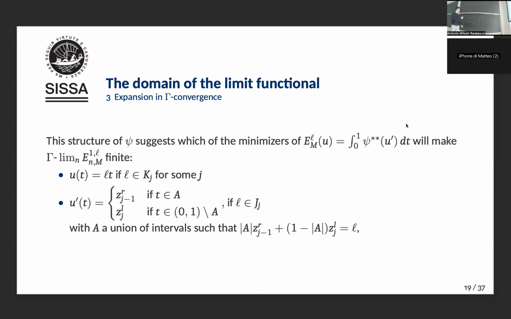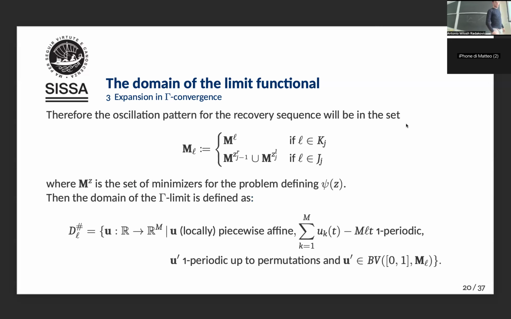In the other intervals, we will have something of this kind, but now the slopes we are using are the two extremes of the interval we are in. So now our optimal set will be either the previous optimal set when L is in a good interval. Otherwise, it will be the union of the two optimal sets for the extreme points, the edge points of that interval.